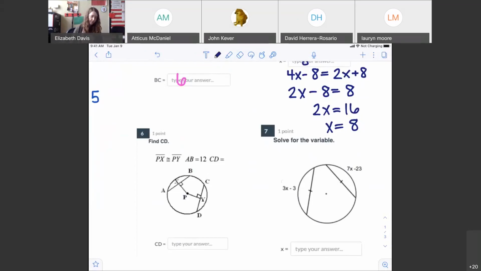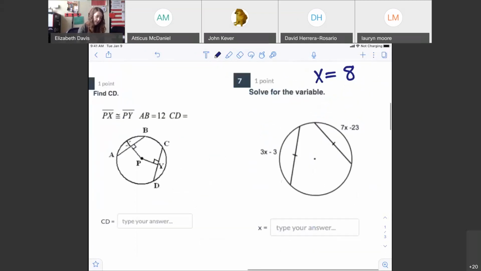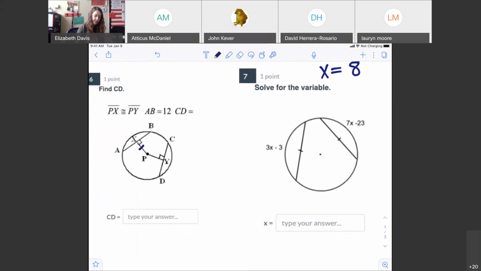Okay, so this one tells us that PX is congruent to PY, and that AB is 12. And we want to know how long CD is. So generally, stuff is congruent. So what will CD be equal to?